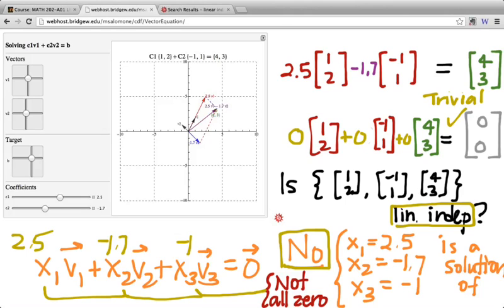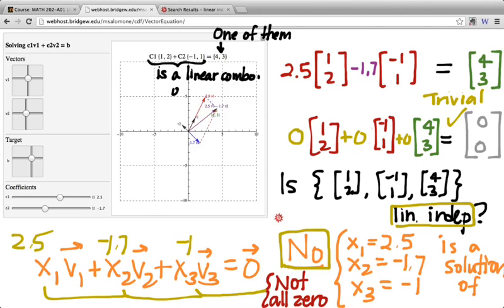Another common colloquial way to think about what this looks like, again looking back at our diagram, is that we were able to express one of these vectors as a linear combination of the others.